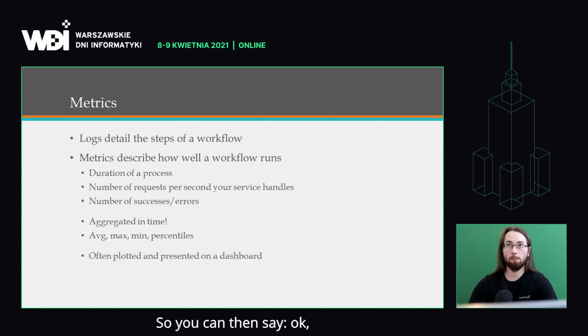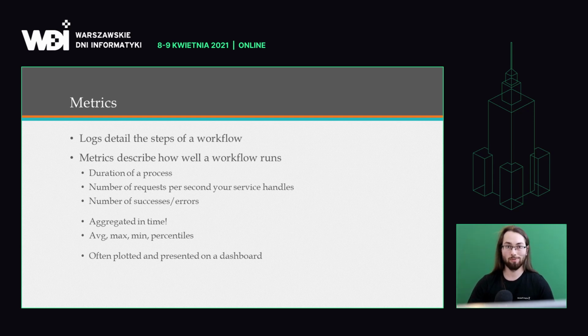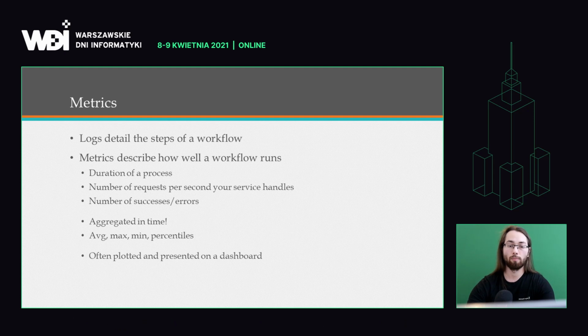So we can then say, okay, within a minute, the minimum, the maximum, the average duration was that and that. And then you can zoom out and say, okay, well, across the week, we deployed on Wednesday, and the average duration fell down, which means we have optimized our system in some way and it works. So yeah, you want to describe the health and the performance of your system.